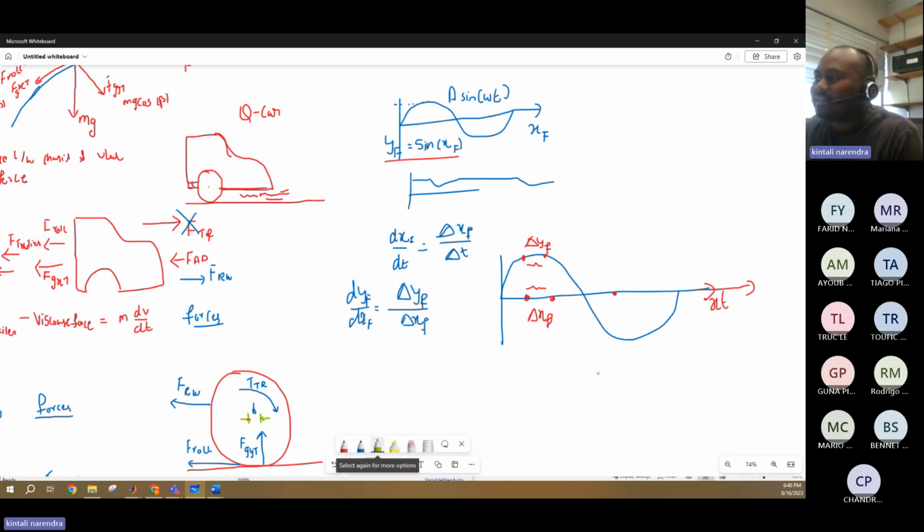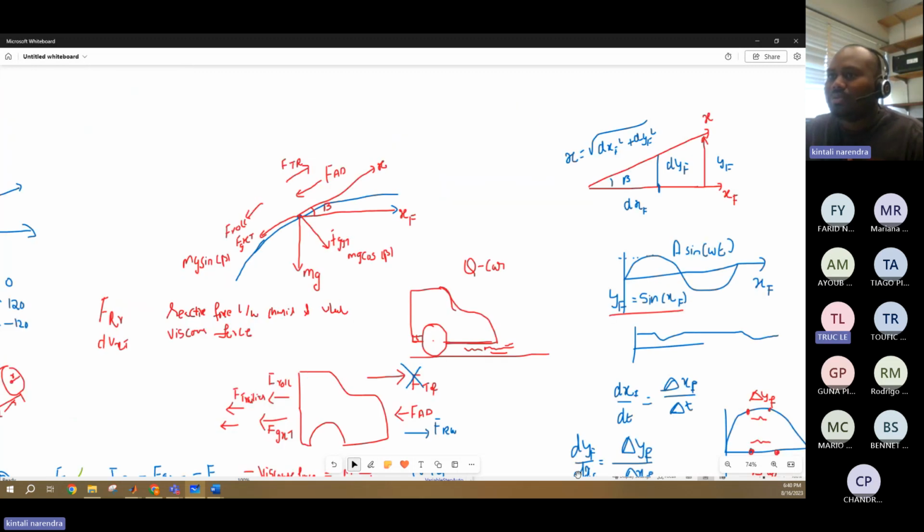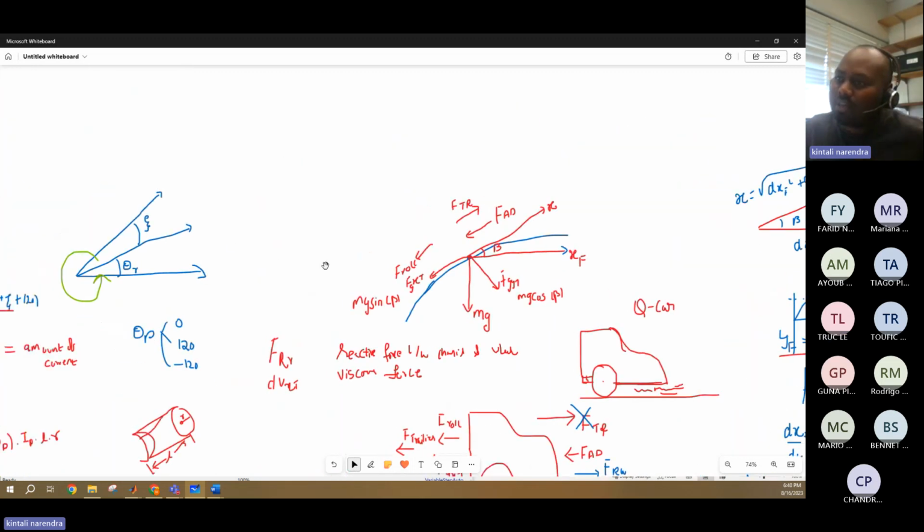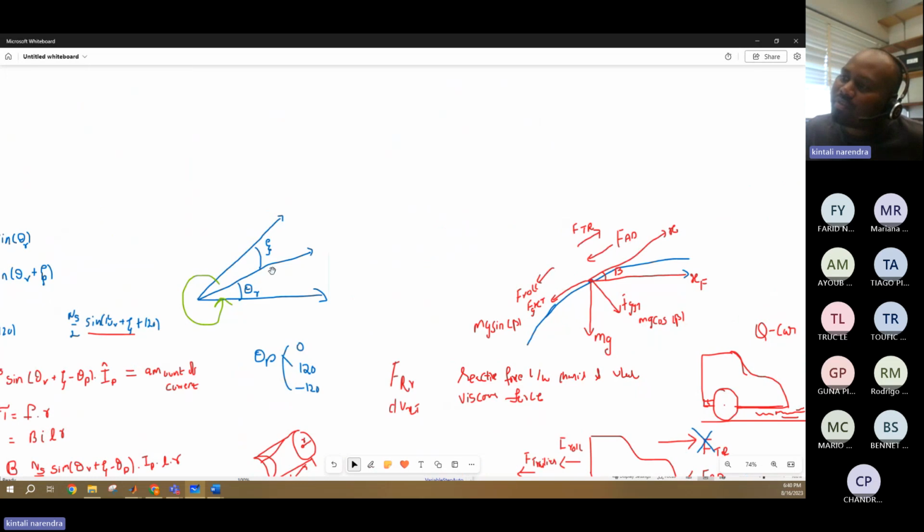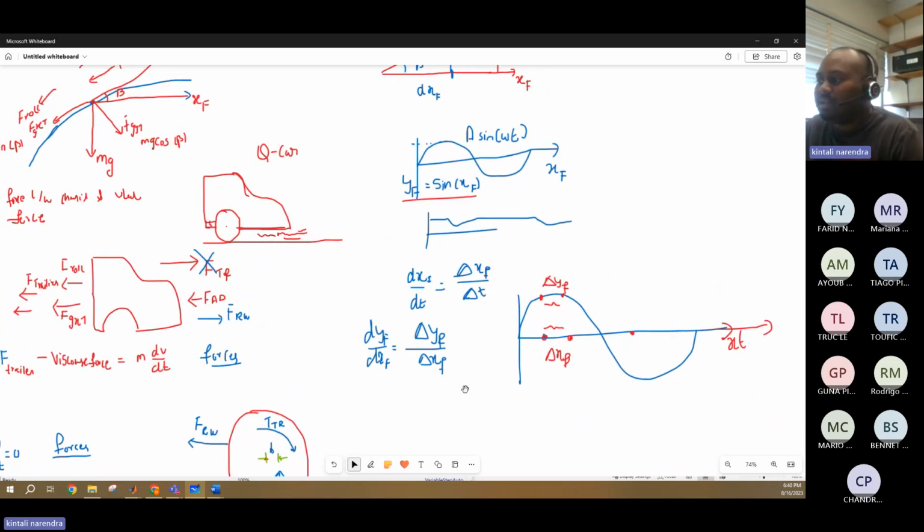After a certain time, same way as I said in the derivation, when delta r moved from this to this position by an angle of zeta, that's why we did plus zeta. Then the function changed as sine of theta r plus zeta. So the same logic we will apply here.